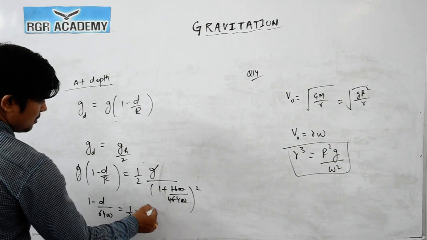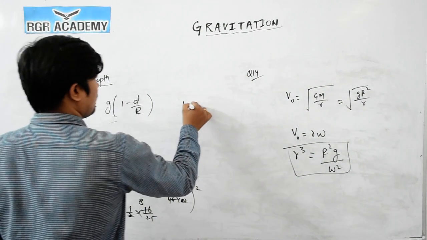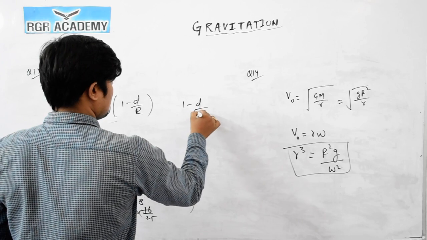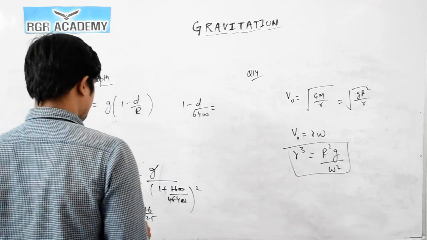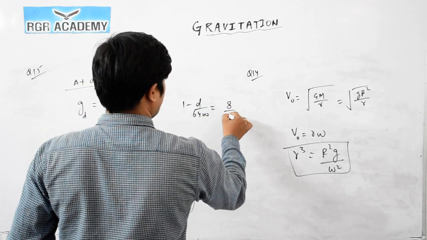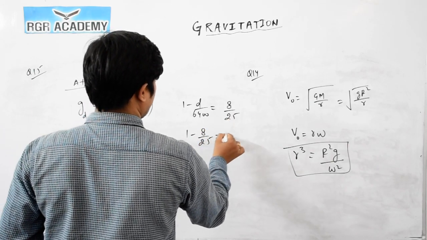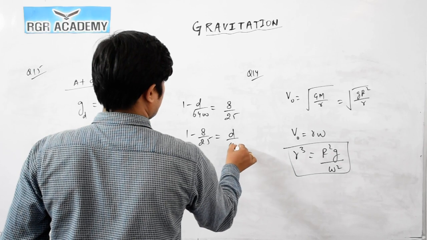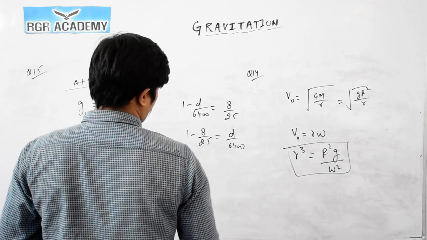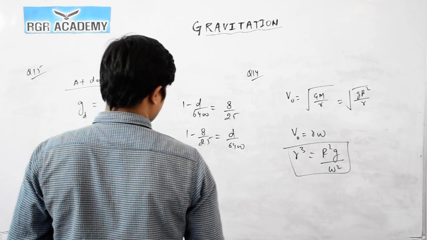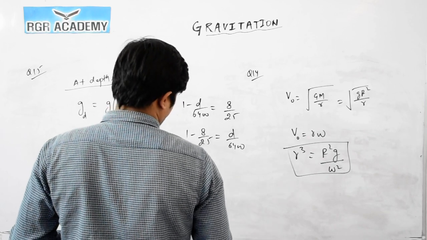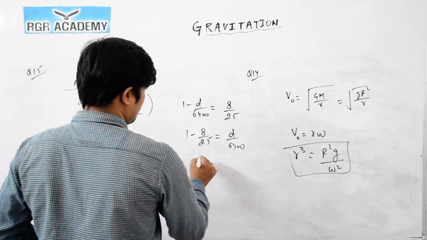If you solve, 1 minus d by 6400 equals 8 by 25. So 1 minus 8 by 25 equals d by 6400. So it is 25 minus 8, which is 17.